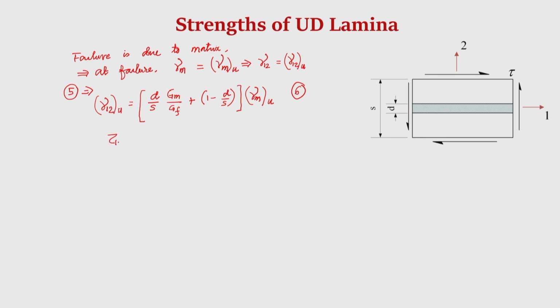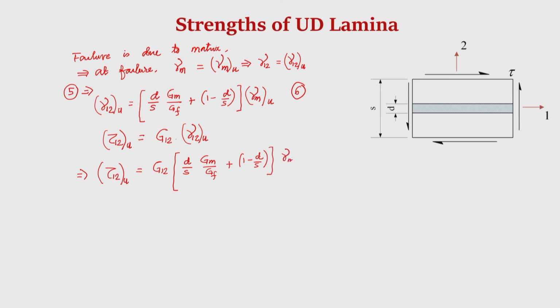again using Hooke's law for the composite. Therefore, tau 12 ultimate is equal to G12 gamma 12 ultimate, implies tau 12 ultimate is equal to G12 into d by S G M by G F plus 1 minus d by S. Okay.